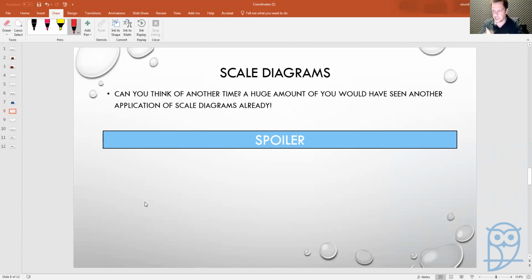So type in the chat, tell me where you think you could have seen a scale diagram in your life already. Your parents probably use it very often.